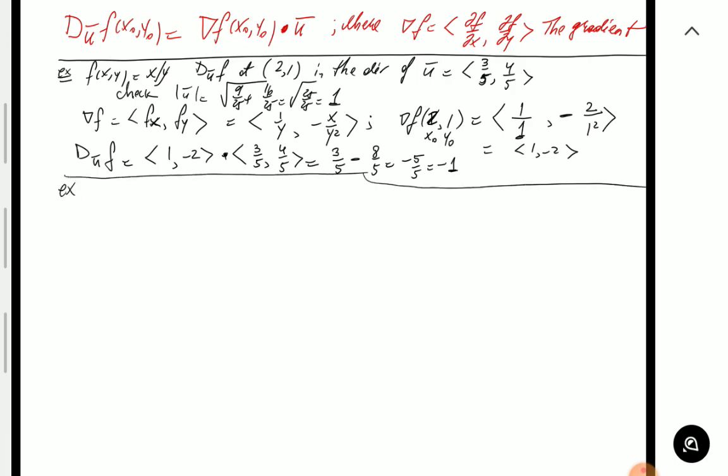Let's do an example in 3 dimensions, same idea, same formula. We don't have to write a different formula, just adapt it for 3 dimensions. So let's say the function is x squared yz minus xyz cubed.